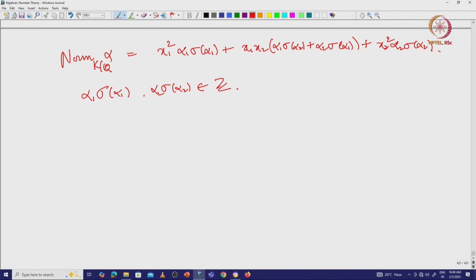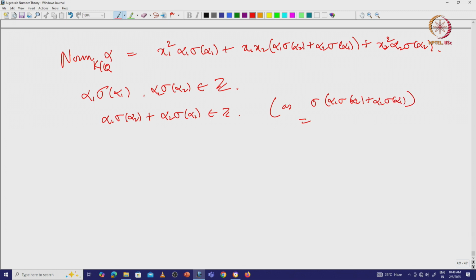But it should also be clear that alpha 1 sigma alpha 2 plus alpha 2 sigma alpha 1 is also an integer. Why is this? Because this is symmetric. Sigma of alpha 1 sigma alpha 2 plus alpha 2 sigma alpha 1.